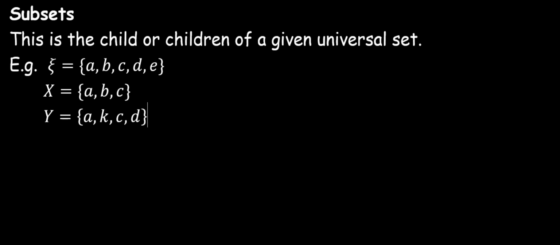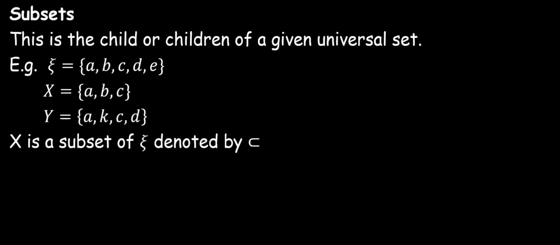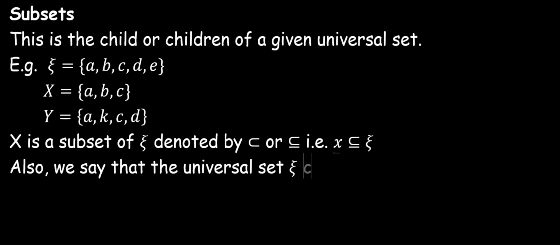X is a subset of the universal set. It is denoted by the symbol that is almost like a U with a line down, or U with an equal sign. That is, X can be written in a symbolic mathematical sign as X with the subset symbol into the universal set.